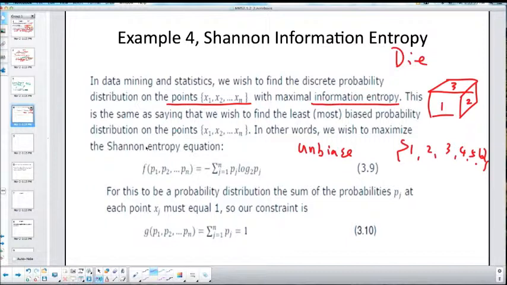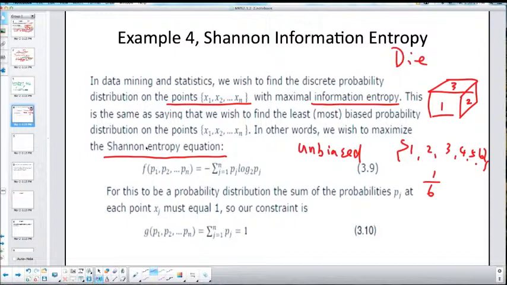If you throw it, intuitively you know each of them has a 1 out of 6 probability. That's our belief system, if it's unbiased. Well, how do we prove this? By using the Shannon entropy equation.